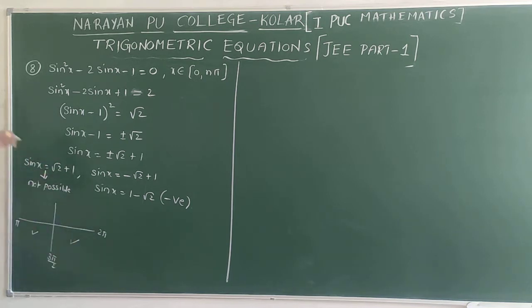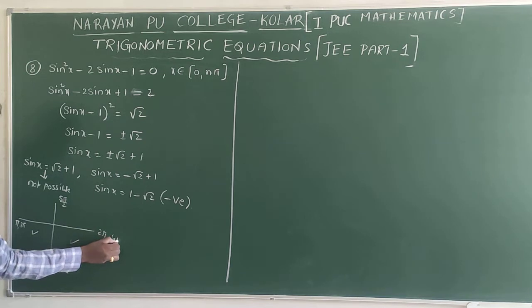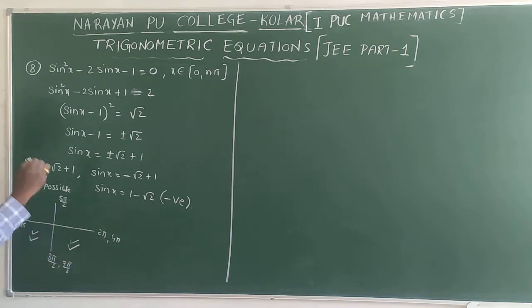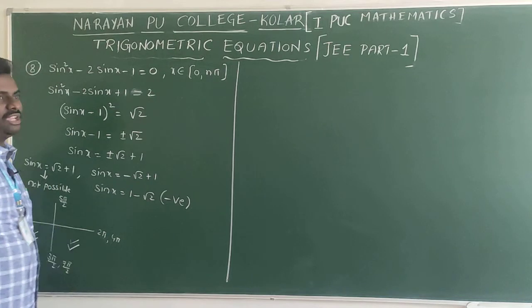If you go for one more cycle, now this is 2 pi, now this is 5 pi by 2, 6 pi by 2, 7 pi by 2, 8 pi by 2. Again if you take one more cycle, another 2 values. But here they gave 0 to n pi.